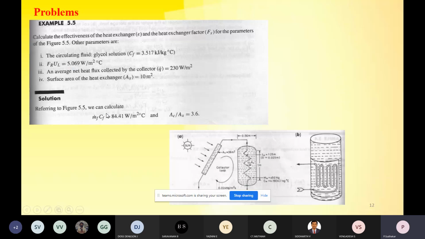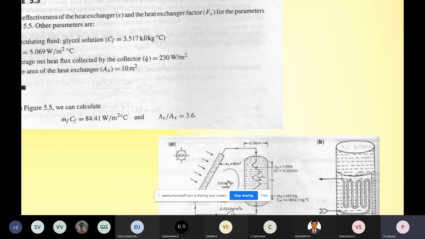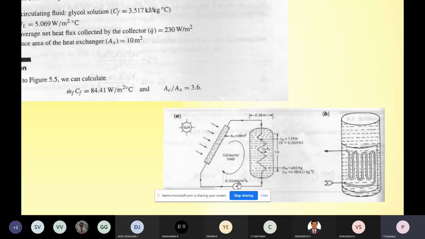When we calculate m dot f cf, only m dot f is given in the data. So m dot f is 0.024 kg per meter square second. This small m f is the mass velocity. Mass flow rate is kg per second.